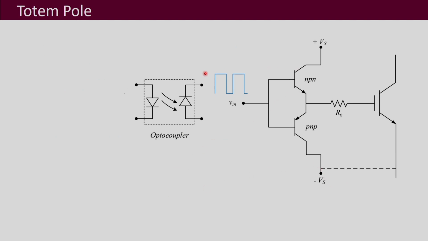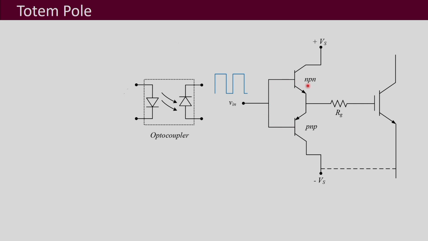For that, what people use is what is called a totem pole. So you have this kind of an optocoupler, and whatever pulse comes on the output side is given to this totem pole. It's a combination of an NPN and a PNP transistor. You can see here that whenever this pulse is high, it is given to both of them.